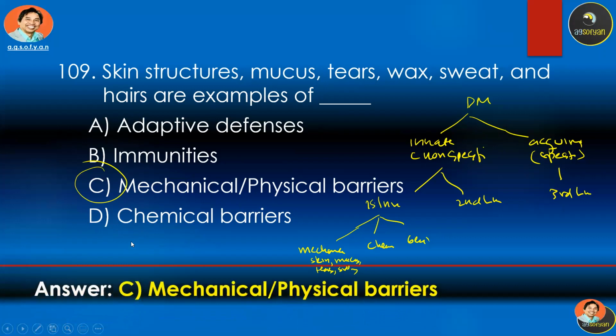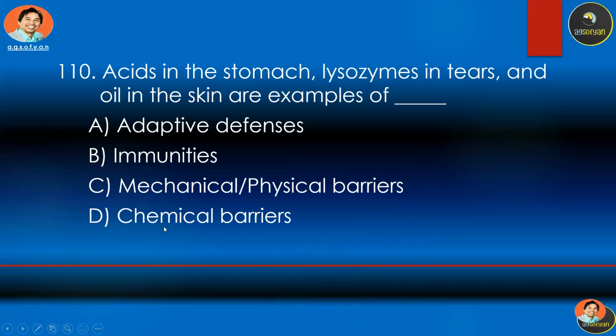Acids in the stomach, lysozymes in tears, and oils in the skin are examples of what? Okay, remember the first line of defense: there are three components: mechanical, chemical, and genetic barrier.